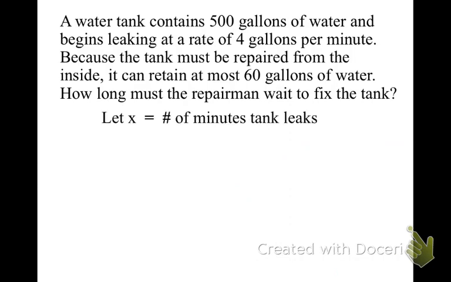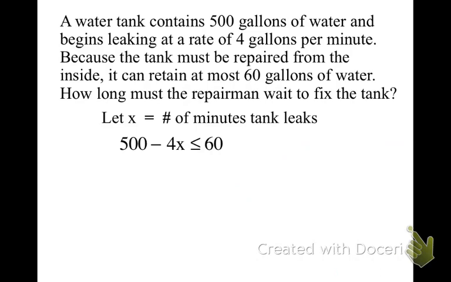So we're starting with x as our number of minutes. Again, how long is your clue for what the unknown is. It's the how long that is telling you what our x should stand for. So I've got my 500 gallons of water, and it's 4 gallons per minute.